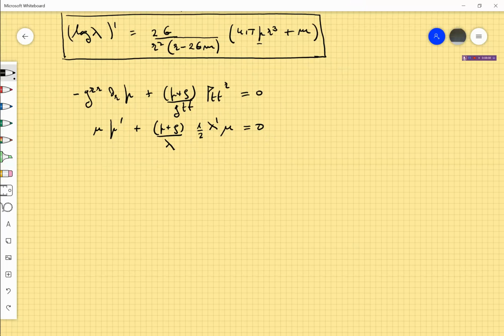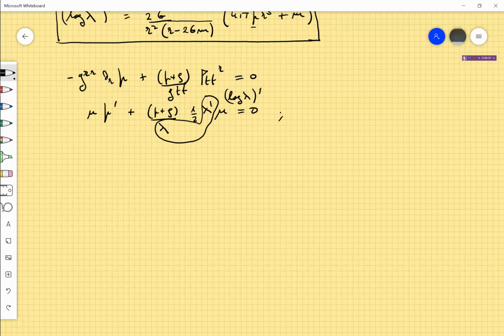From this we can get another relation between p and λ prime. You see that here this is log λ prime, and we just can write this as p prime equal to minus a half (p + ρ) log λ prime.